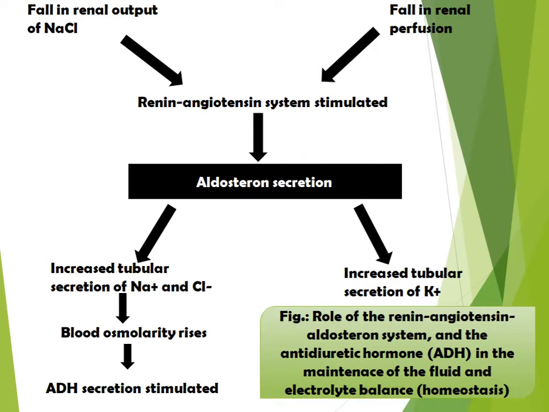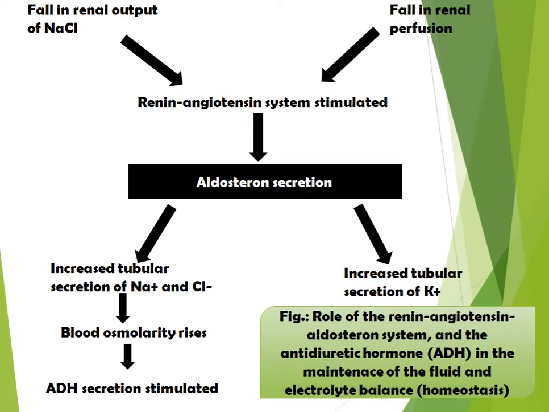Next is the role of the renin-angiotensin, aldosterone and antidiuretic hormones in the maintenance of fluid and electrolyte balance, which means homeostasis. When there is a fall in the renal output of sodium chloride or a fall in renal perfusion, the renin-angiotensin system gets stimulated.